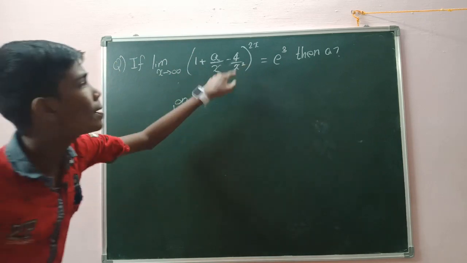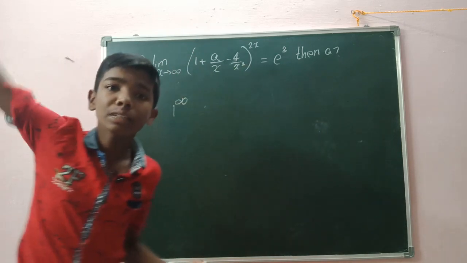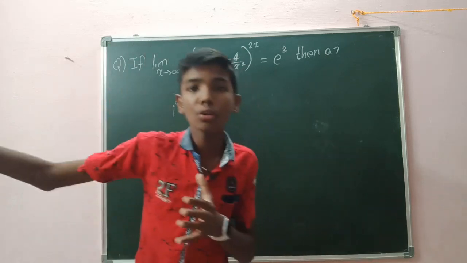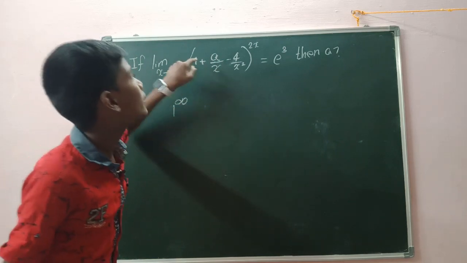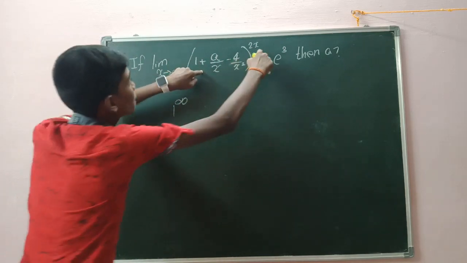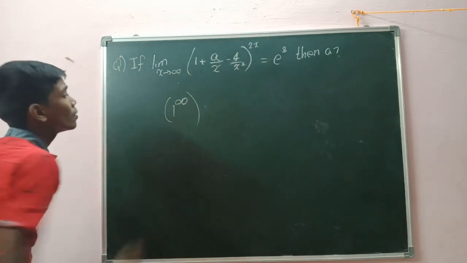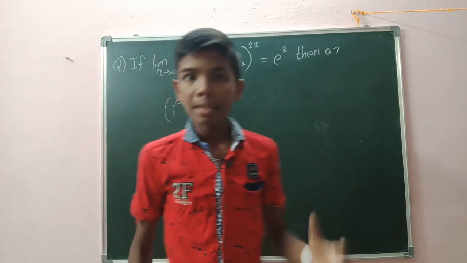And 4/x², when x tends to infinity, will be 0, because 4 divided by such a large number will be 0. That's very simple. So it will be 1 + 0 - 0, which is nothing but 1. 1 raised to the power 2 times infinity, that is 1 power infinity, and that is why this is the form we are getting. I hope you can understand why I am getting 1 power infinity.